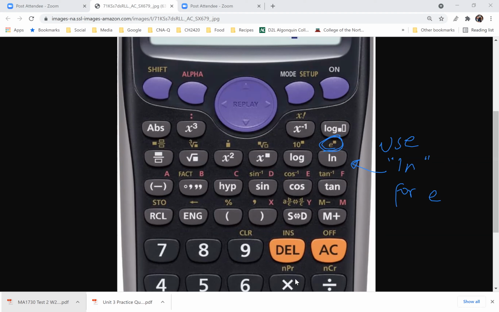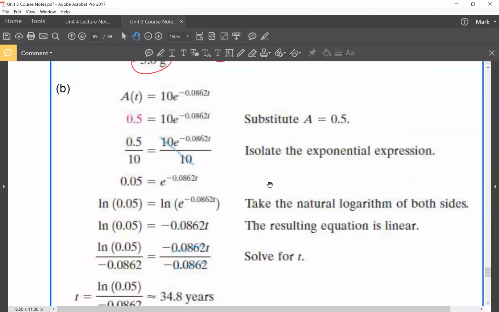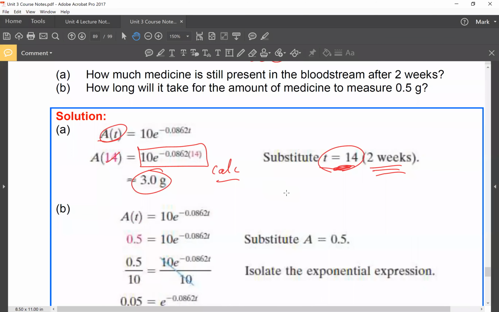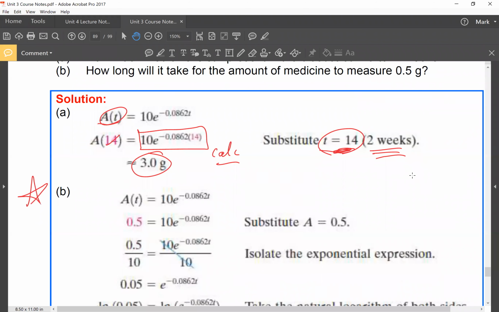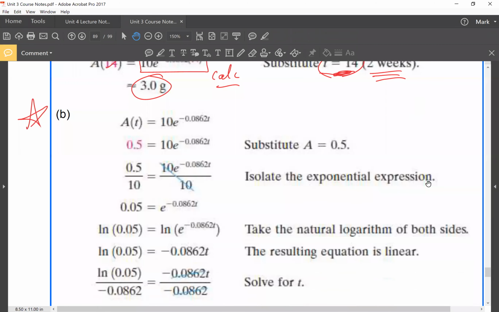Okay. So, question B, let's read it. This is, again, B, wink, wink, big important question here. How long will it take for the amount of medicine to be 0.5 grams? So what we do is we put in 0.5 here. This is very much like the height question on your second test, where you would put the height here.